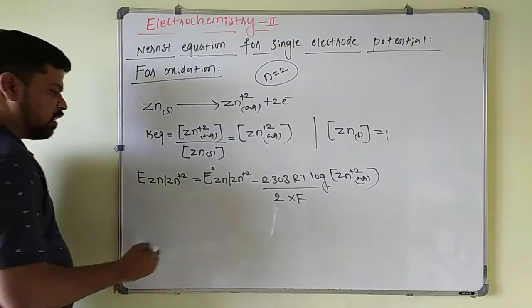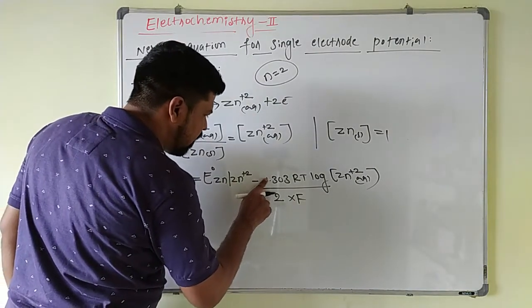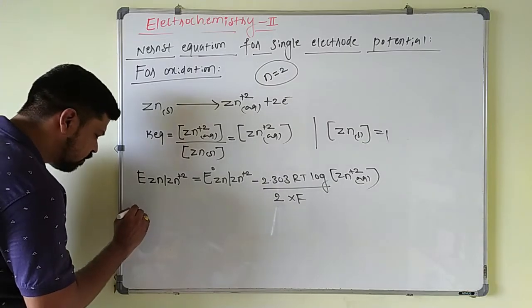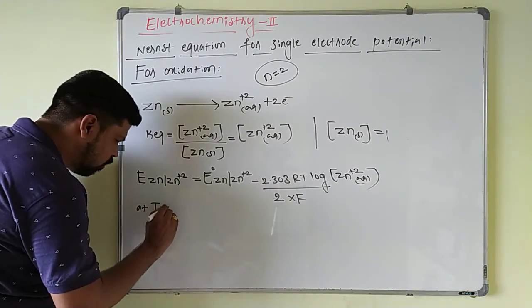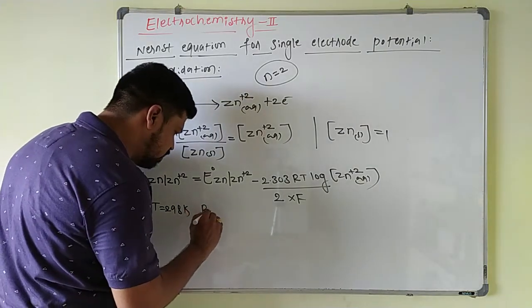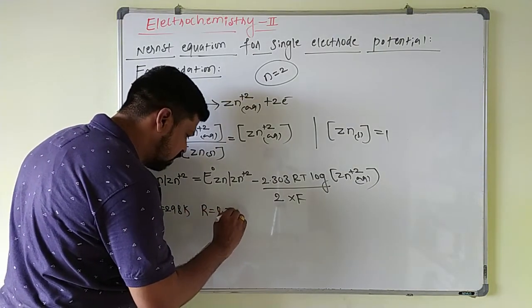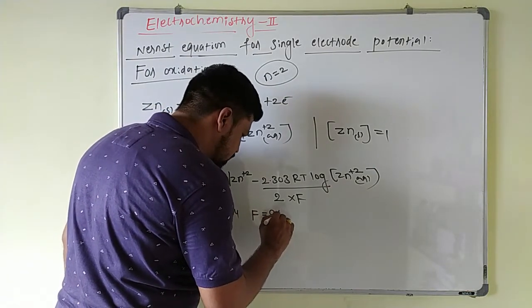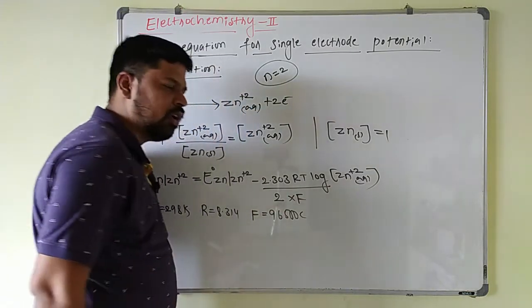Now at 298 Kelvin, this can be written as what here? This is 2.303, at T equal to 298 Kelvin, R is equal to 8.314, Faraday is nothing but 96,500 Coulomb.